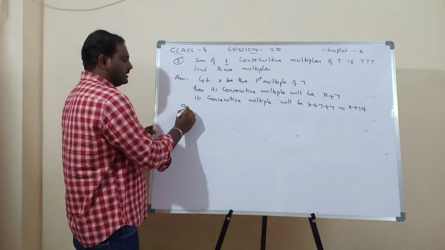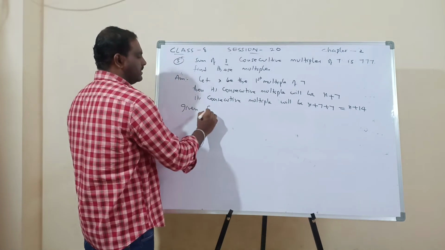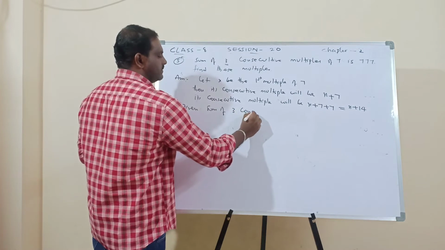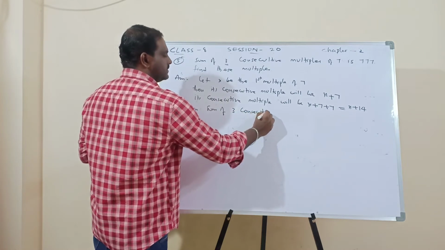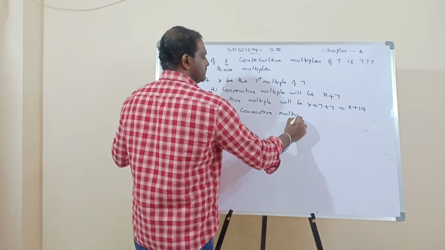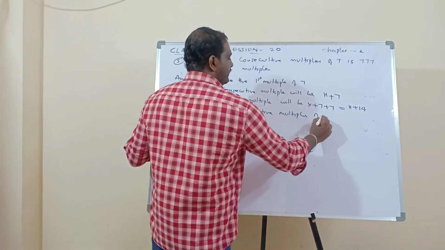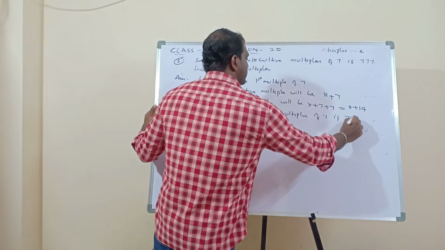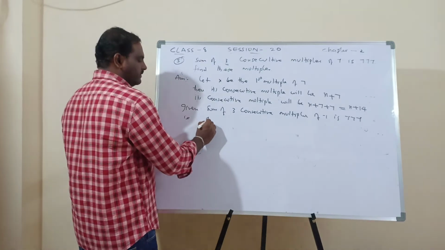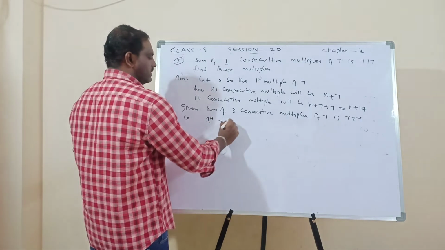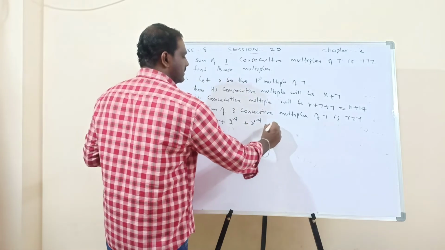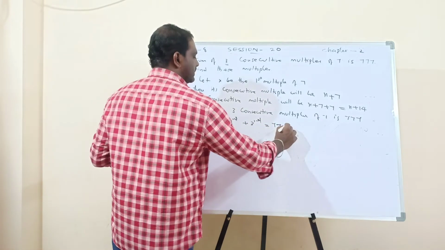Given, sum of three consecutive multiples of 7 is 777. So first number plus second plus third is equal to 777.